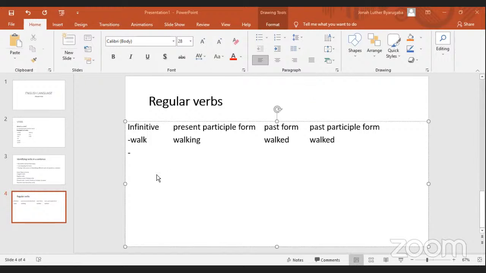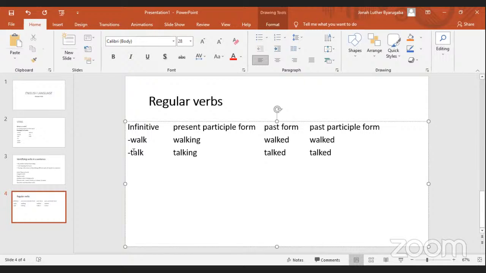Talk. When we put here talk, Nasha, what will its present participle be? Talking. Very good. What will its past form be? Talked. What will its past participle be? Talked.